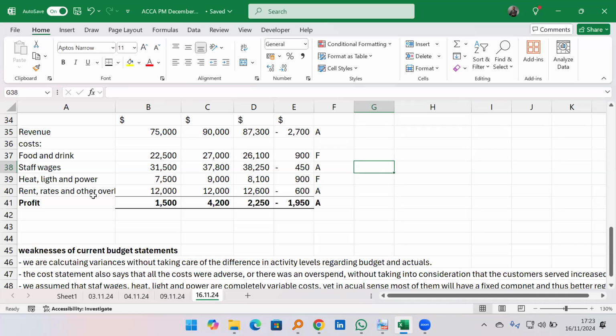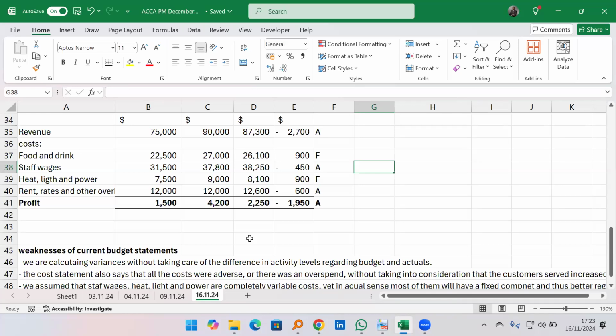And also rent, rates and other overheads are fixed, but because probably there is a celebrity in town, maybe they are filming a series, the people who rent out these things decided that the cost should increase. So you may find that can also be an explanation as to why we performed poorly.